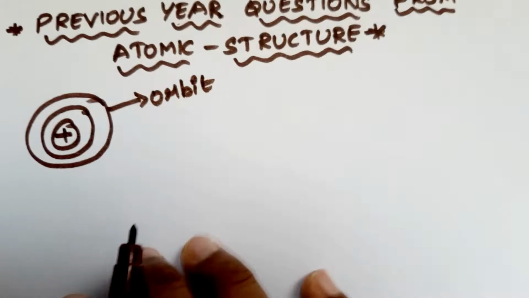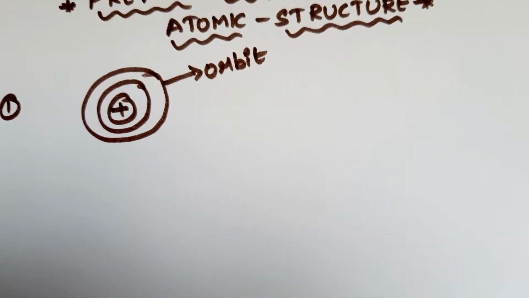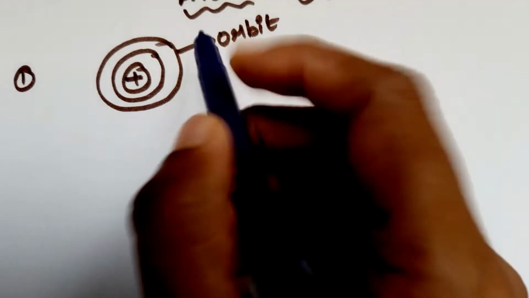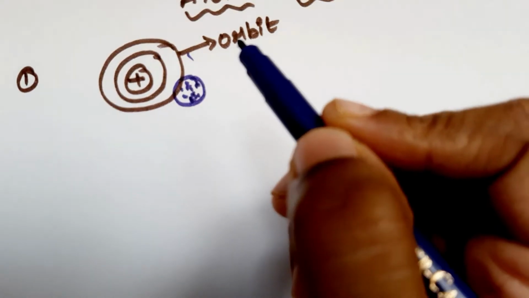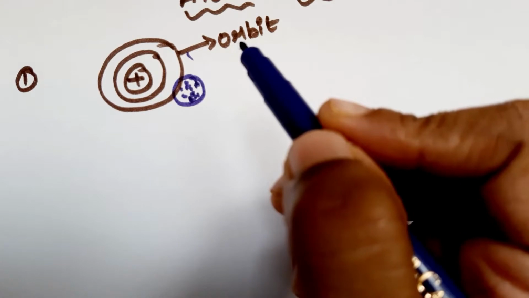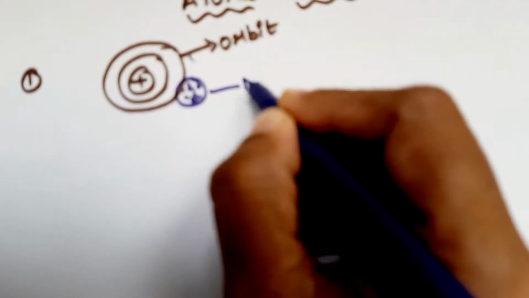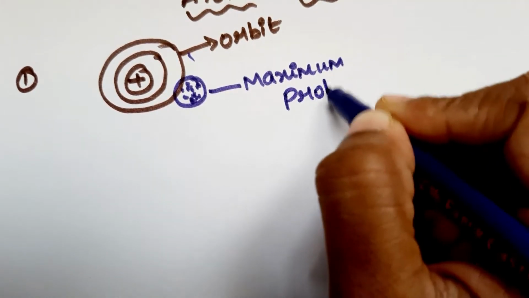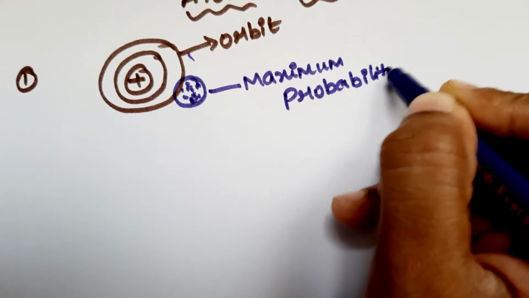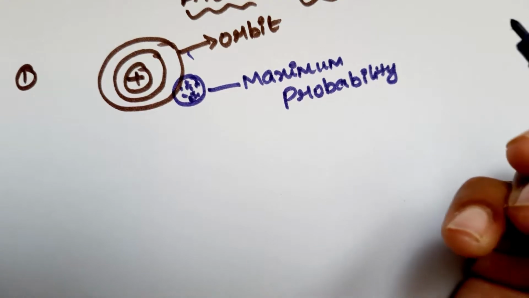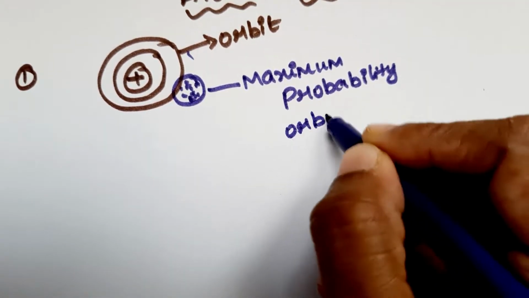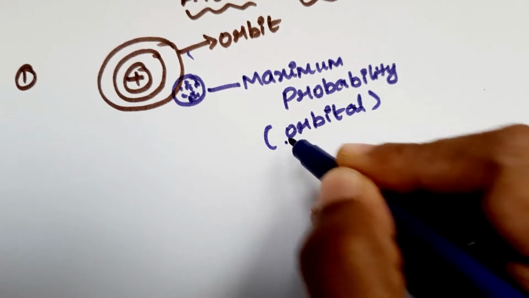If electrons are revolving in this orbit for the maximum time, then the region where the electron has maximum probability, where it spends maximum time, is called an orbital.